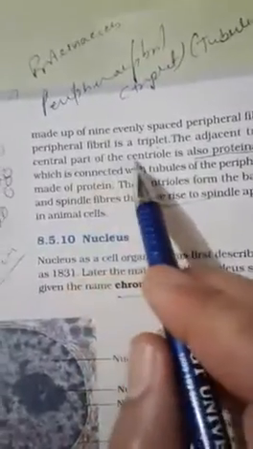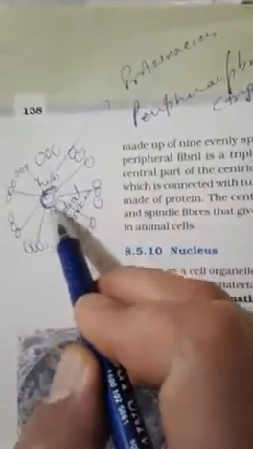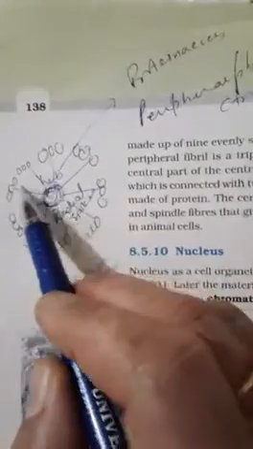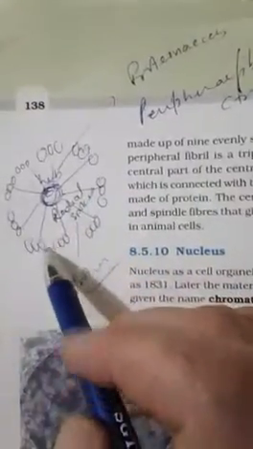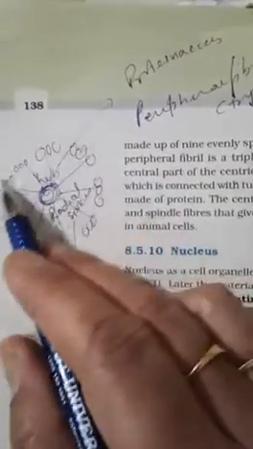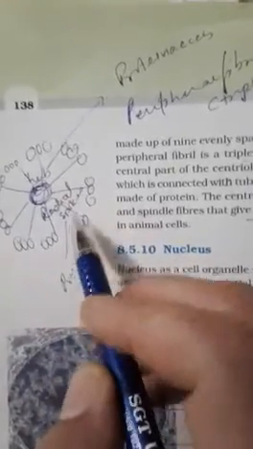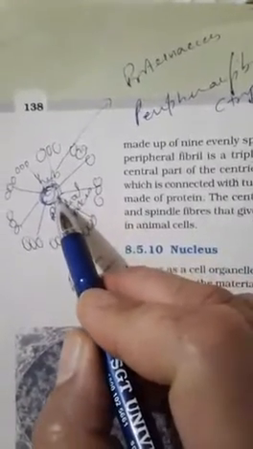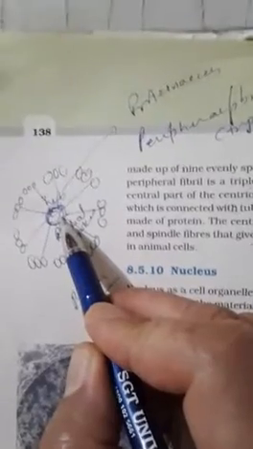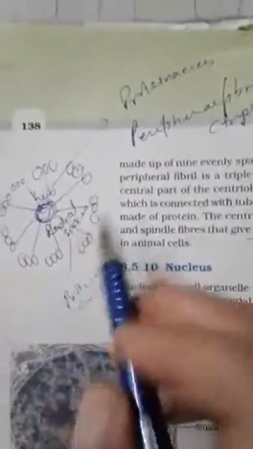Centriole is also proteinaceous and has a hub, and that is the central part of the centriole. So this is a proteinaceous hub. It is attached with these microtubules, which are there in triplets. And these microtubules are attached with this proteinaceous central hub by these radial spokes.